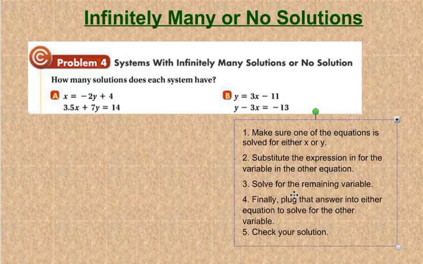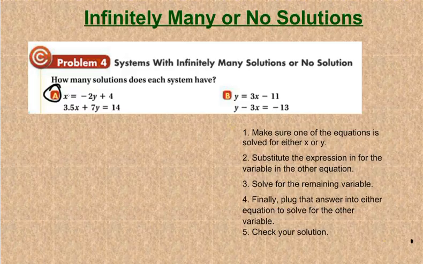Let's do letter A. Let's make sure one of the equations is solved for either x or y. Our first one is solved for x. That's good, so step one is done. Now substitute the expression in for the variable in the other equation.